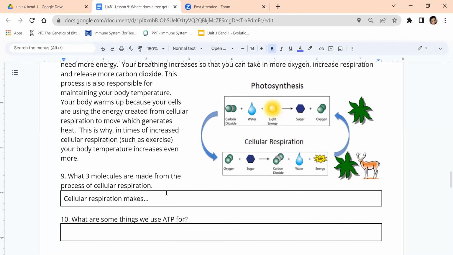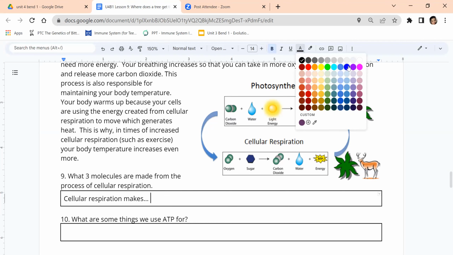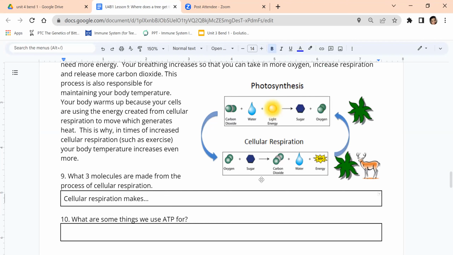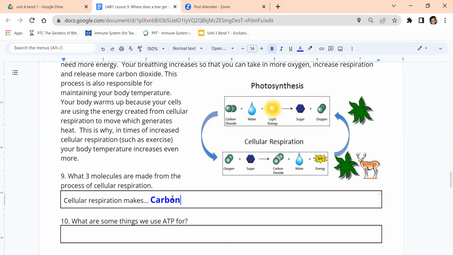So what three molecules are made from the process of cellular respiration? If you look at the diagram, remember, the products are on the right side of the arrow. So the products of cellular respiration are carbon dioxide, water, and ATP energy.